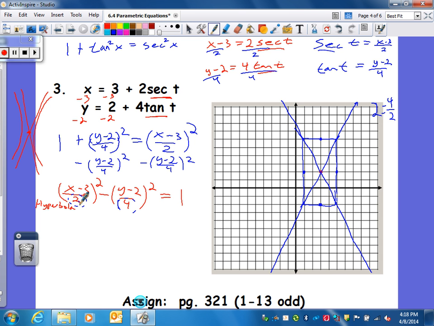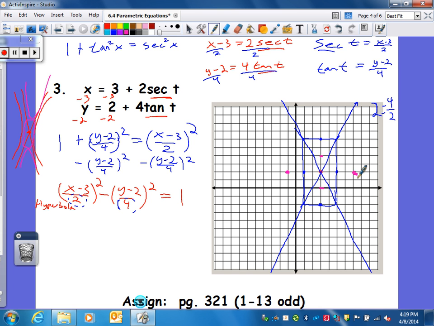Now the question is, is our hyperbola like the one I drew over here, or is it like this? We have a box. The best way to tell is to take your same numbers and go in the opposite direction, up 4. Because our points here and here are not inside the box, that's where our hyperbola is.